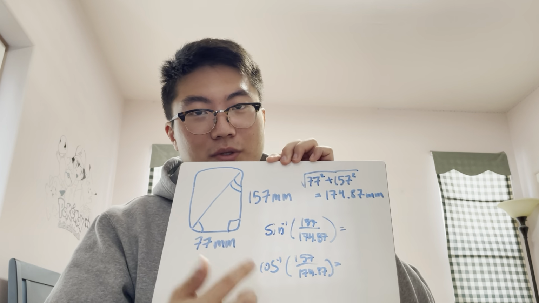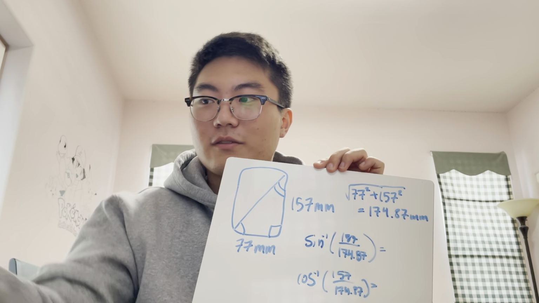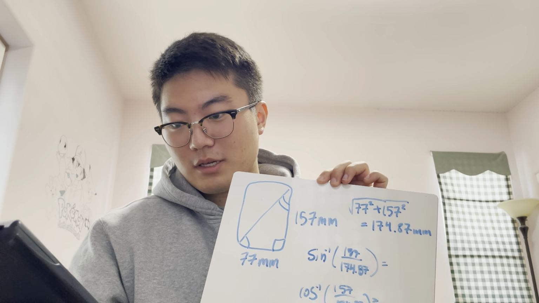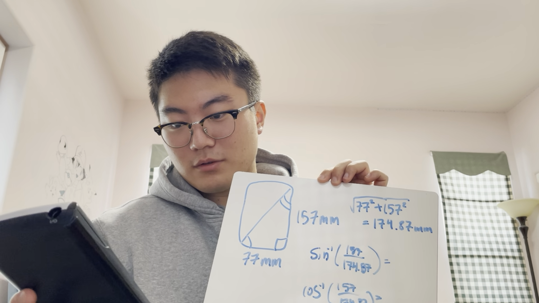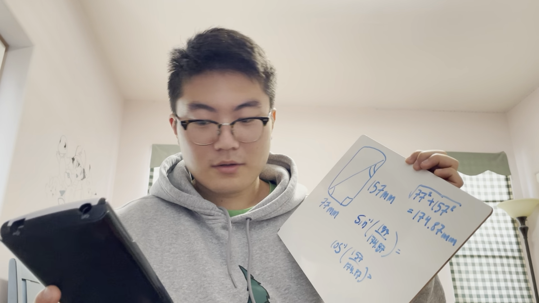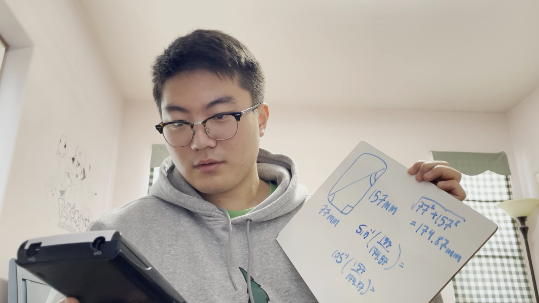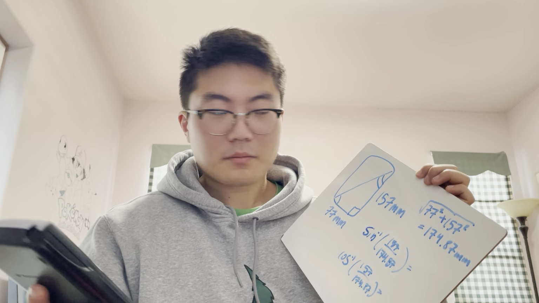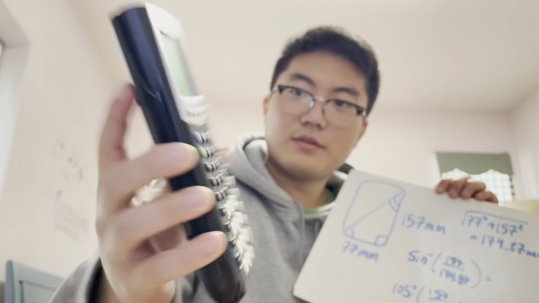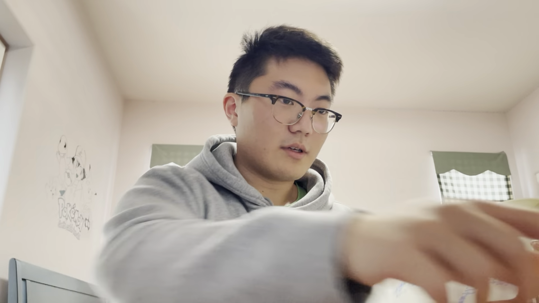So now this first one, sine inverse of 157 over 174.87. That gives us about 63.87. Yeah, that's a good estimate.